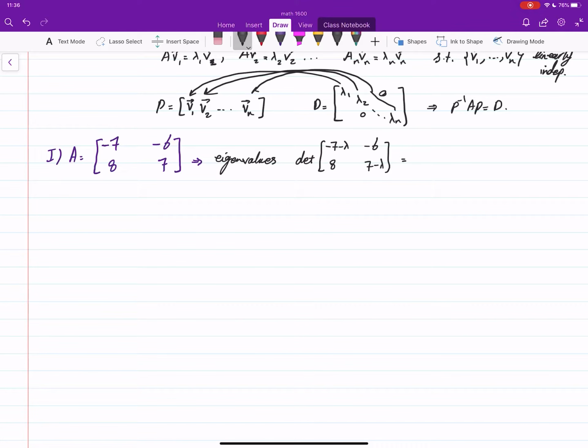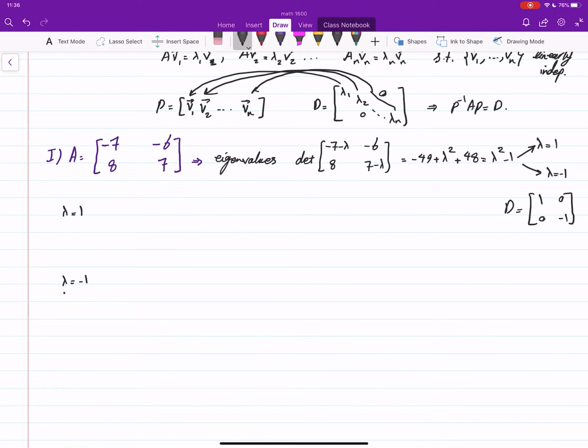From this you get minus 49 plus lambda squared plus 48, which is lambda squared minus 1. From this you get two eigenvalues, 1 and -1. Very nice. So this right away tells me that the diagonal matrix is going to be of the form 1, 0, 0, -1.